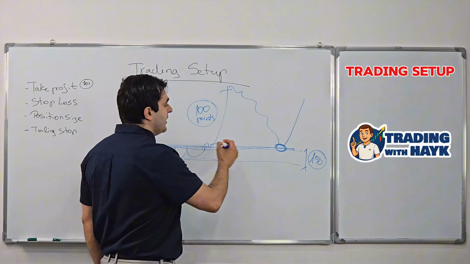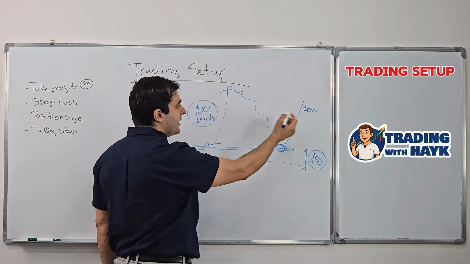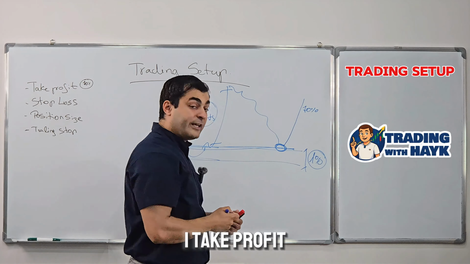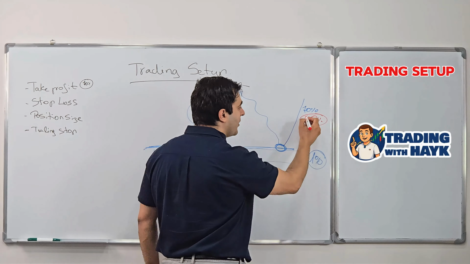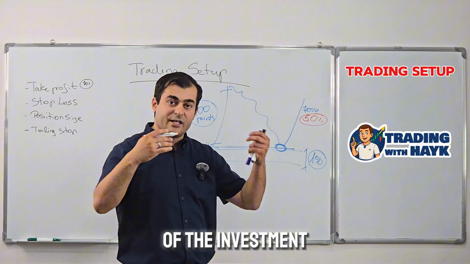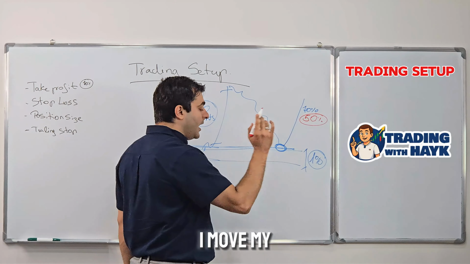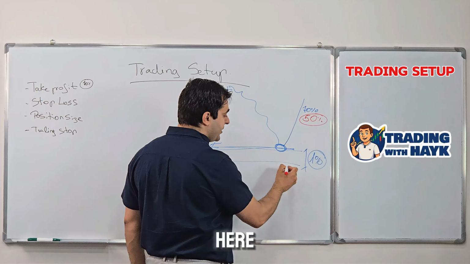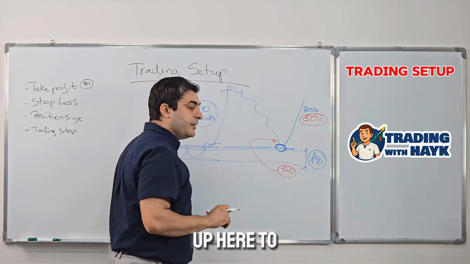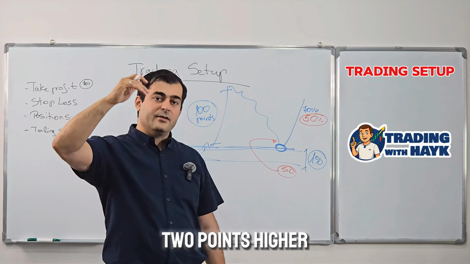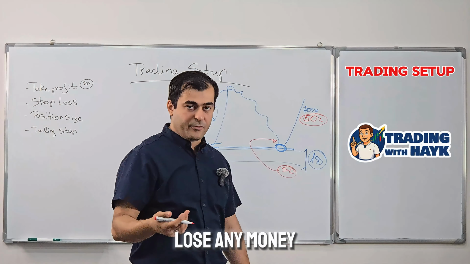Whenever the price goes up to 70% of this run, I take profit, okay, 50% of my capital, of the investment I placed, so the trade. And then after, I move my stop loss, which should be here, all the way up here to break even, maybe 1 or 2 points higher, so we do not lose any money.